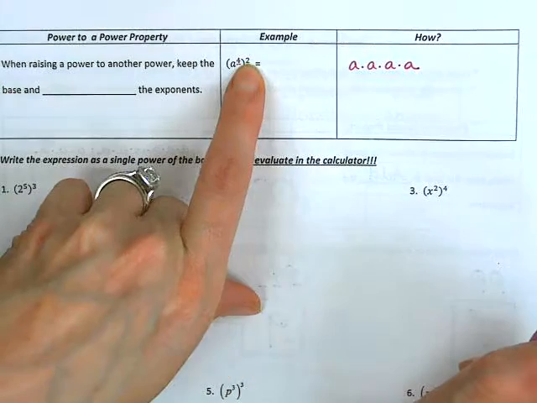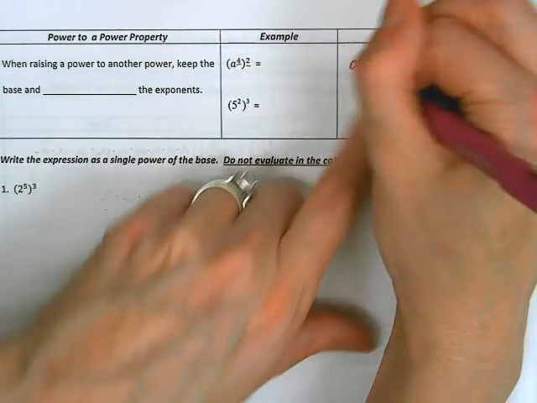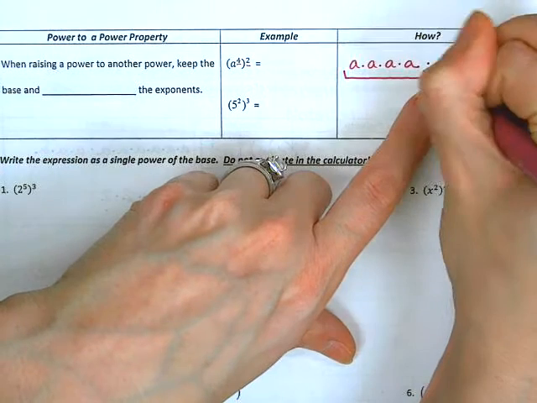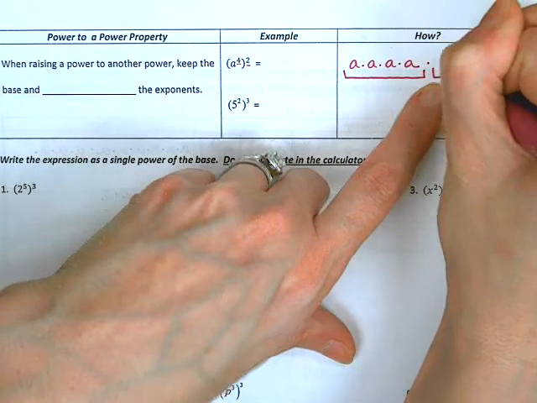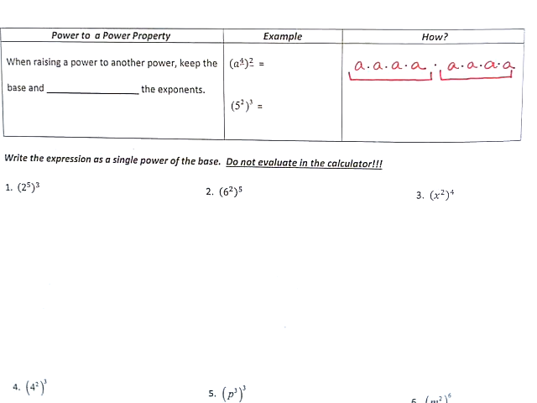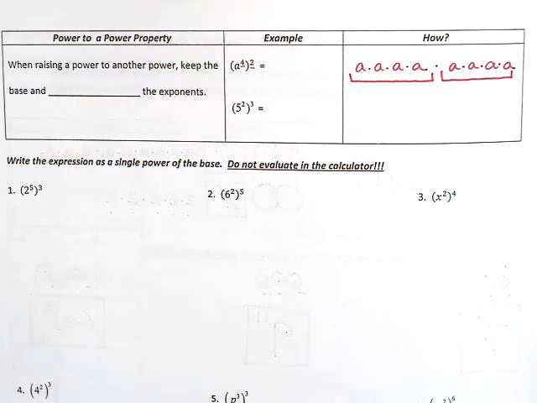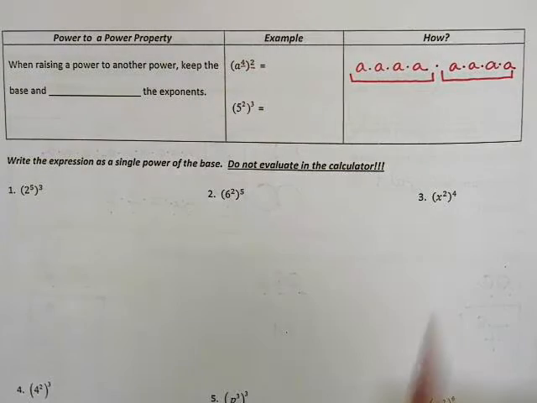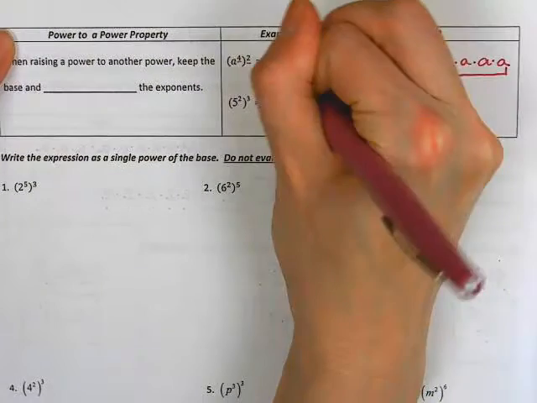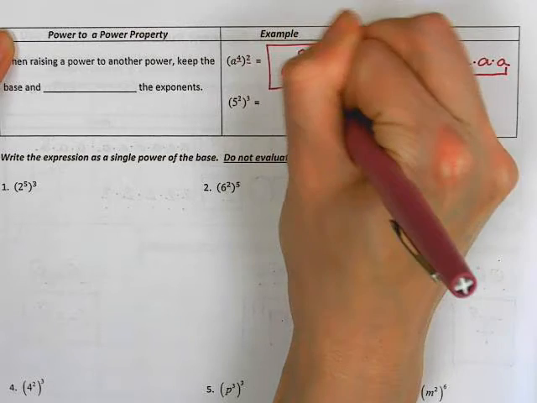Now squared means you're going to multiply it by itself. So that means we have another set of 4 a's. a times a times a times a. Because when you square something, it means times itself. All right, how many total? 1, 2, 3, 4, 5, 6, 7, 8. So this one's a to the 8.